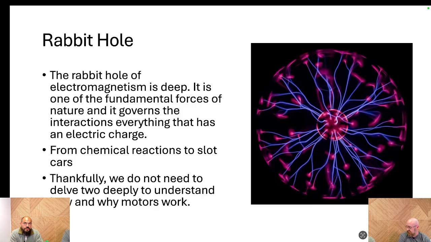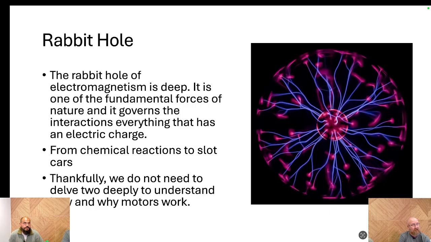Huge range of this. It affects so much. Everything from chemical reactions to slot cars to anything that works in the real world has some sort of element of electromagnetism. Knowing that this exists and it's everywhere is important to account for.